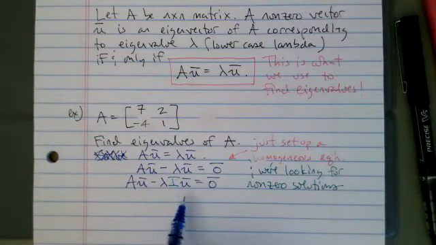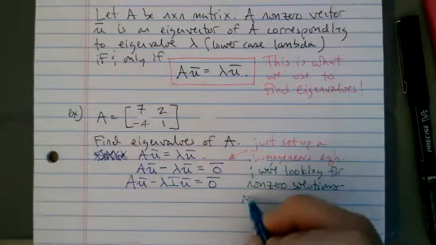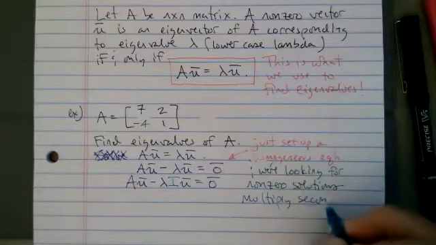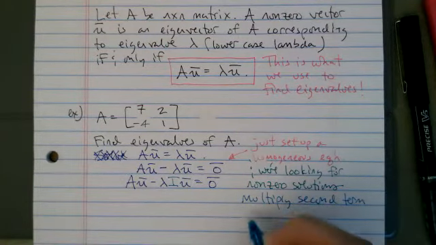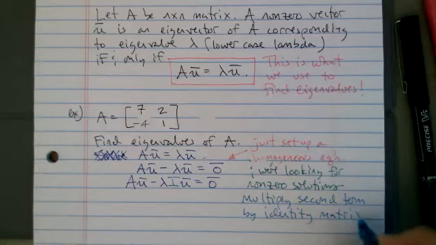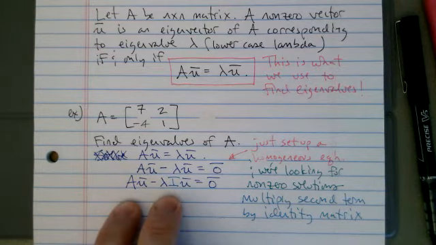I'm going to multiply the second term by the identity matrix so that I can factor out the vector u. The reason I want to do that is so I can factor out the u. I want A and lambda I to be the same size so that I can subtract them.